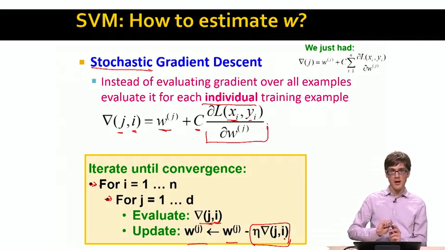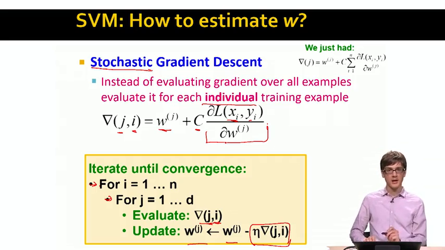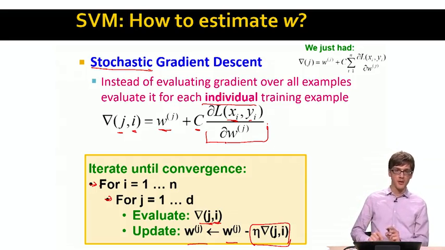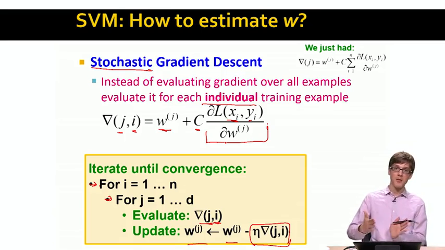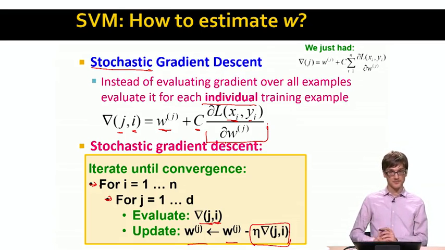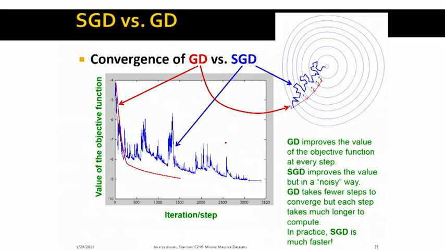We are just evaluating the gradient at a single data point, and we are making a step. Because this takes very little time, we will be able to make many small steps. And the method that does this is called stochastic gradient descent. What's the difference between stochastic gradient descent and gradient descent?